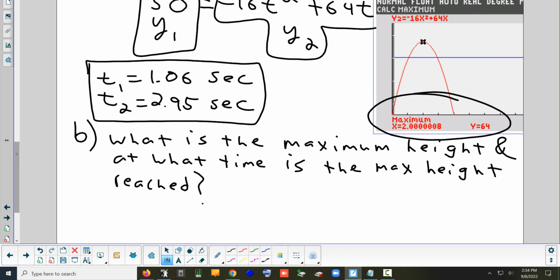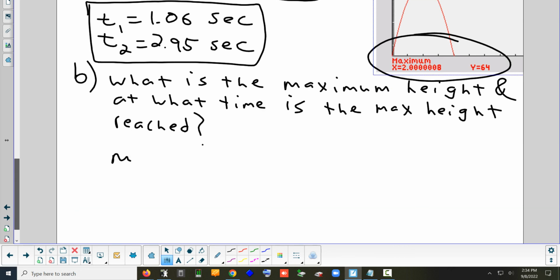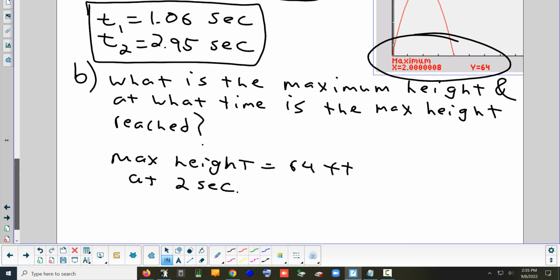Yep. 64. Yep. So the max height is 64 feet. And when do you hit 64 feet? 2 seconds. You know, it's estimating. Your calculator might say like 1.999. It's the same thing. It basically is 2 seconds. So max height equals 64 feet, and that's at the 2-second mark.